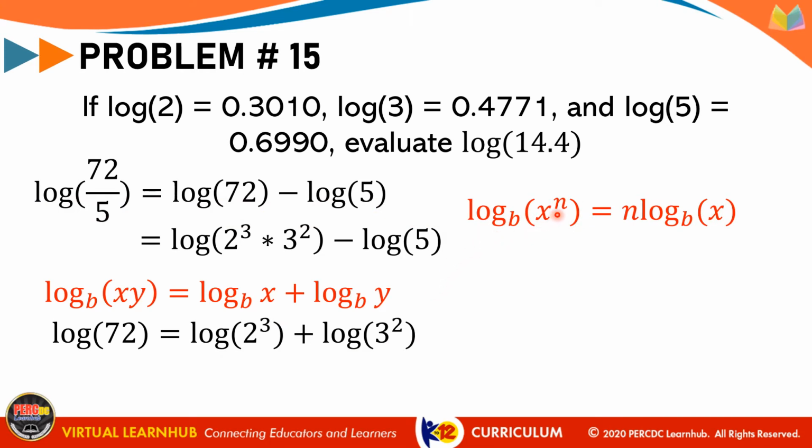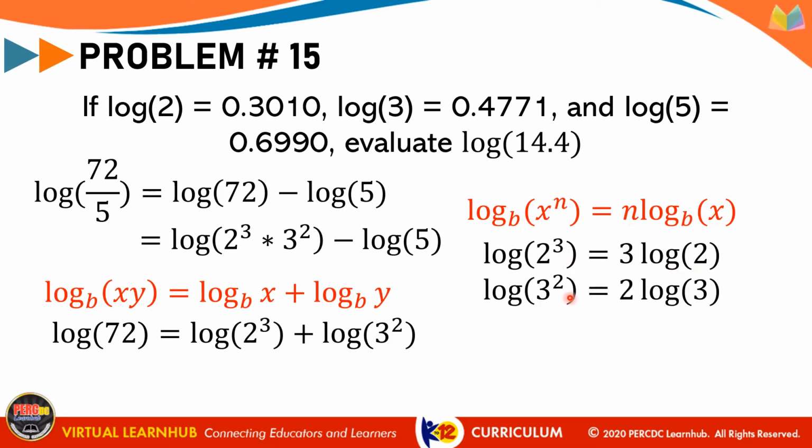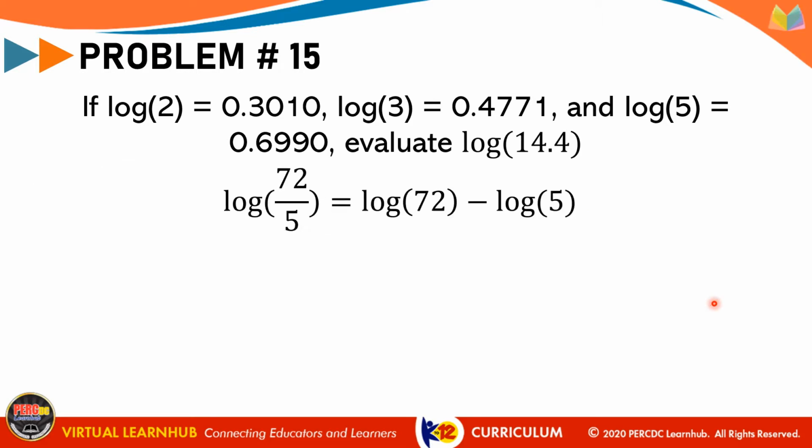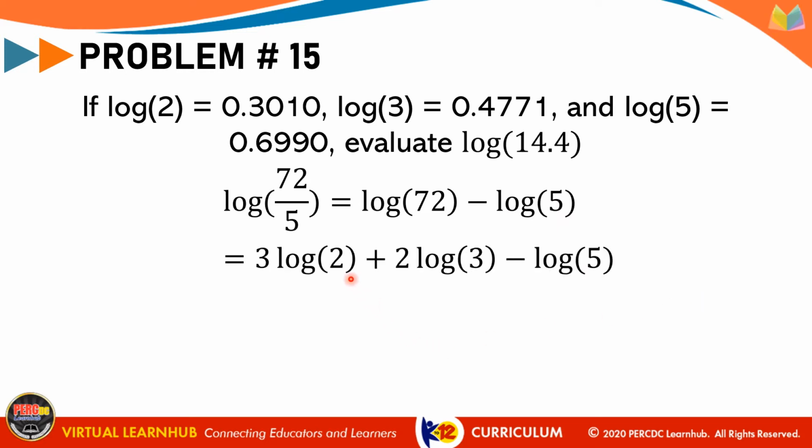Next, we will use this property of logarithm. Log of x raised to n to the base b is equal to n times log of x to the base b. So, log of 2 cubed can be expressed as 3 log of 2, and log of 3 squared can be expressed as 2 log of 3. Now, we will have 3 log of 2 plus 2 log of 3 minus log of 5.